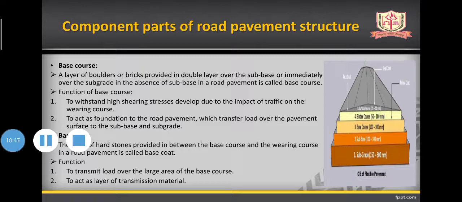It means the material used in this layer is boulders or bricks. This layer is made up of a double layer, and if we are using a double layer, then it will be immediately above your subgrade. If we are using only a single layer, then it will be above your subbase.